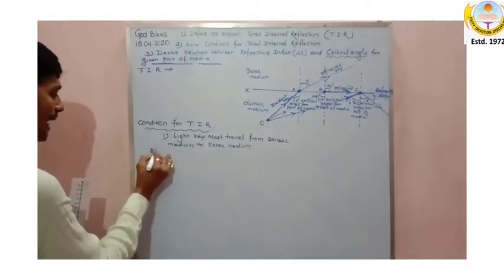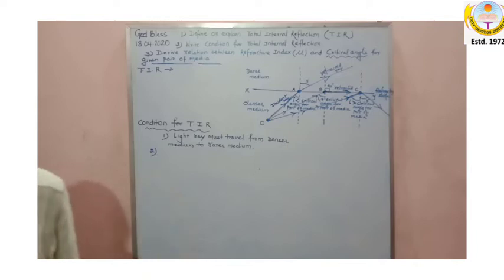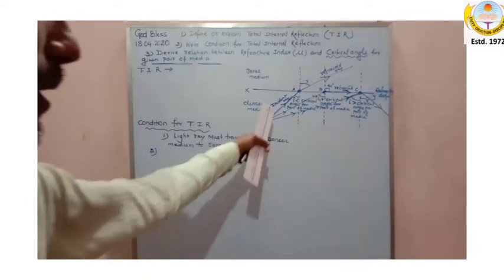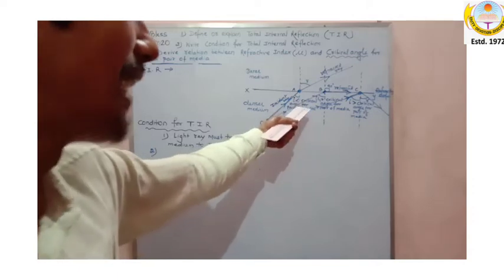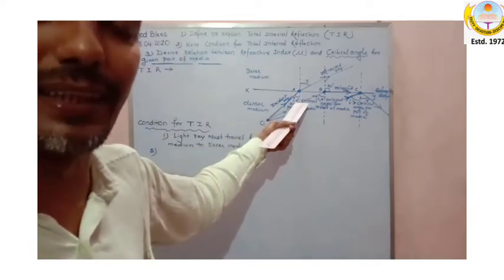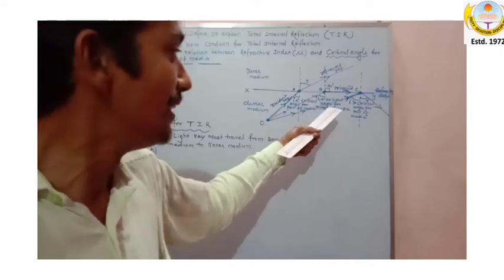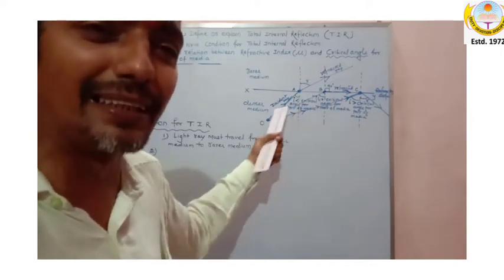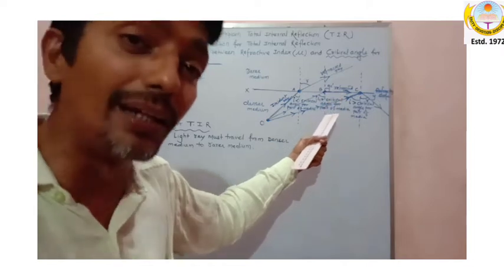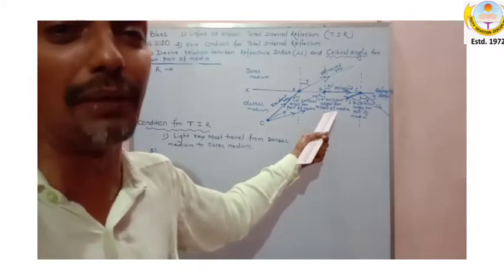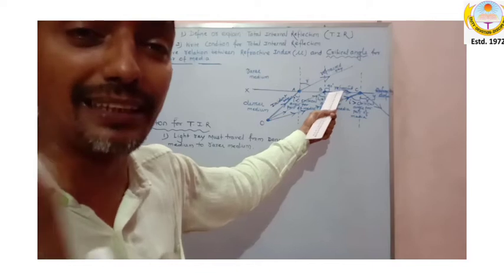And then here I am writing the second condition also. So please pause the video for 2 minutes. If you wish to draw the diagram, please draw the diagram. In the first case, the angle of incidence in the denser medium is less than the critical angle for the pair of media. In the second case, the angle of incidence in the denser medium is equal to the critical angle for the pair of media, for which the angle of refraction is 90 degrees.